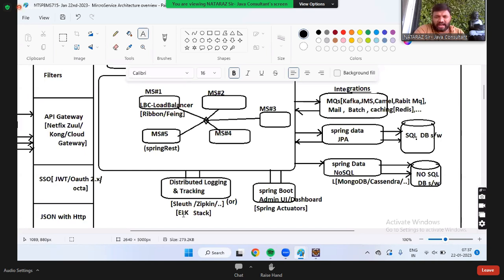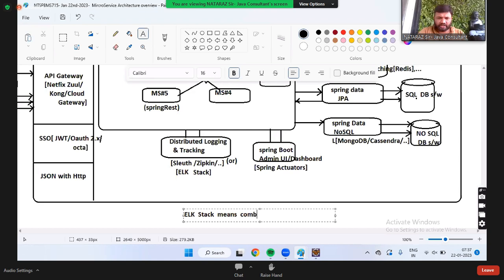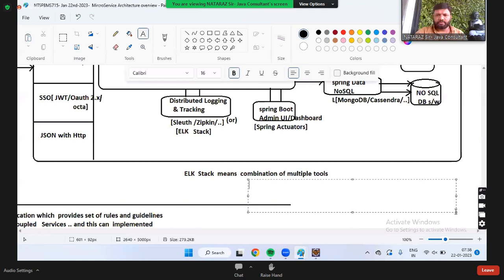Elasticsearch, Logstash, and Kibana. All the things together we call ELK, right? A combination of multiple tools. ELK stack. Stack means a combination of multiple tools.